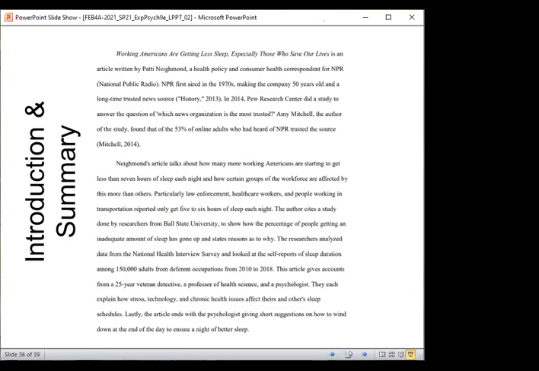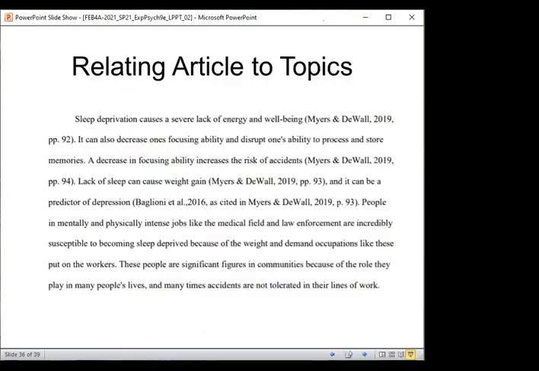Obviously, this person could have probably cited something here, but the idea is there. We introduce the source, tell a little bit about the source, then we summarize that article in that next section.